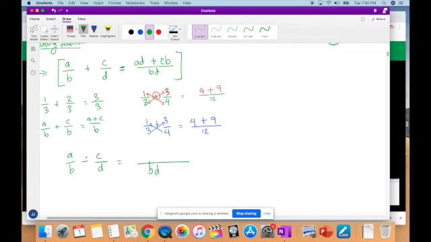Right? And then you do the same cross multiply thing. So I'll start with the first, ad, and I'll put it on this side. I'm putting it on this side because that is the side that a was on. You understand that, Scotia? Right? And then I go cb, cross multiply, and then I'll have my negative sign in the middle.